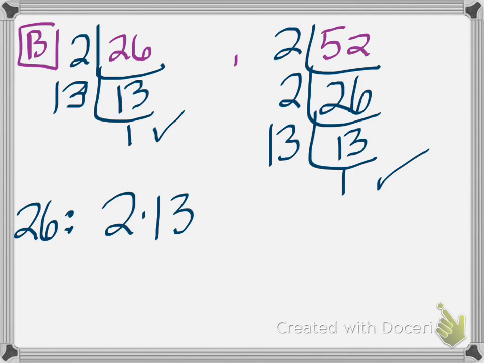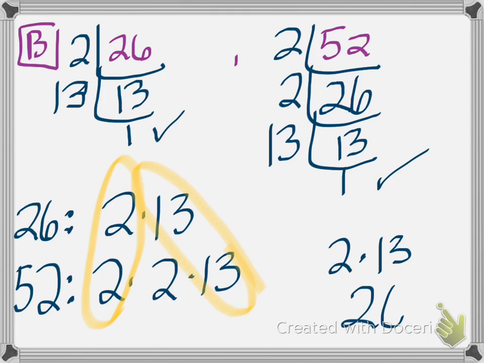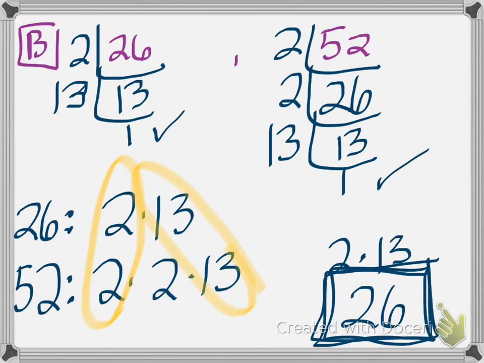Hopefully this whole process is coming back to you. 52, the prime factorization is 2 times 2 times 13. Now we check and find what's in common. There's a 2 in common and a 13 in common. That means my greatest common factor is 2 times 13, which is 26. Some of you may have noticed from the very beginning, 26 and 52, that 26 times 2 is 52. That would also make it the greatest common factor.